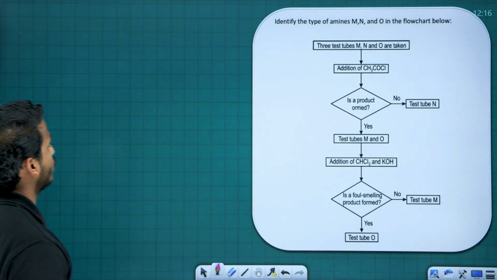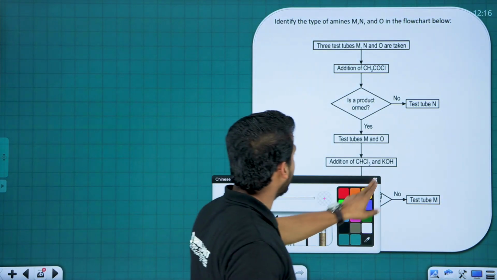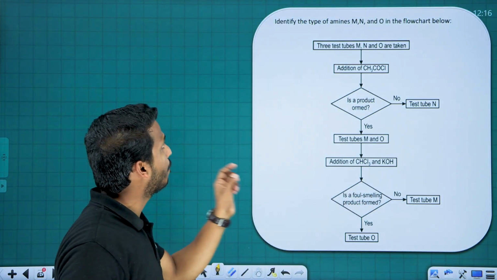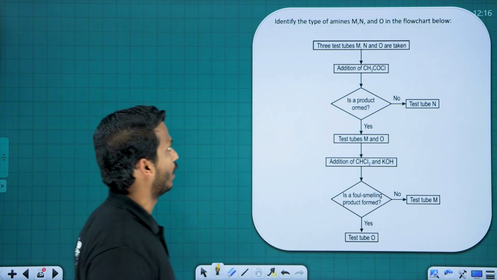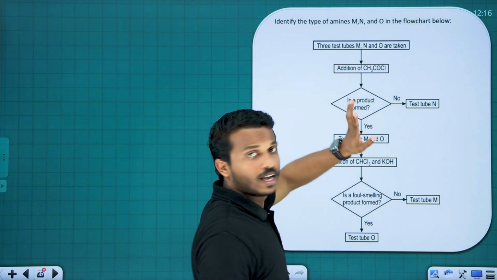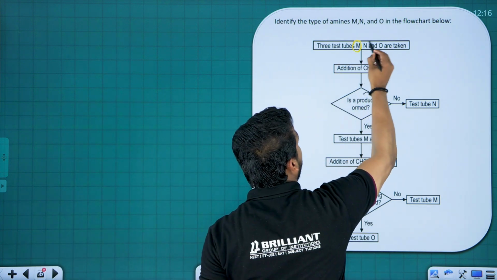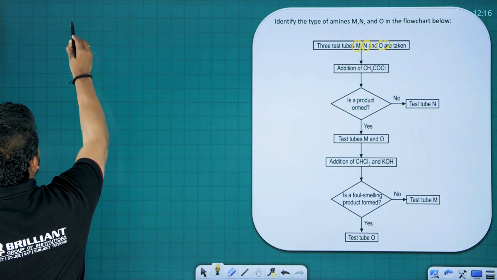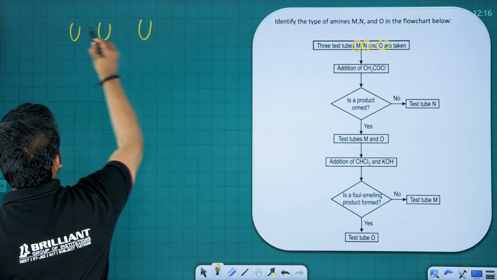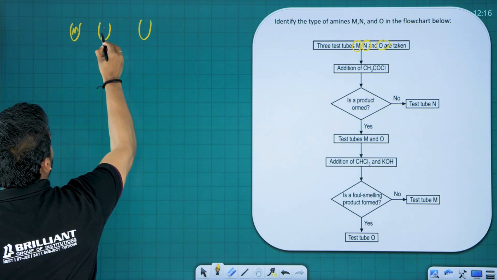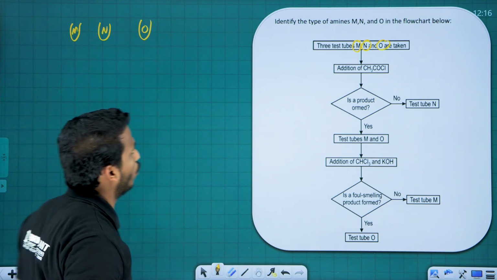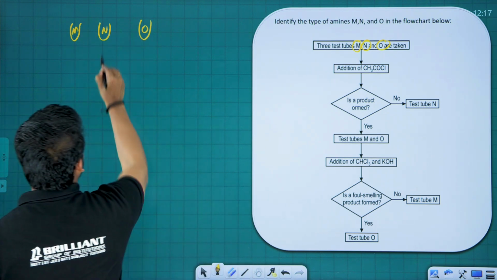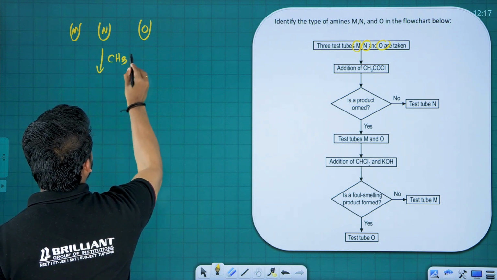Ready? Next question. Identify the type of amine M, N, O in the flow chart. Three test tubes are taken. One contains M, one contains N, one contains O. First they are adding CH3COCl.